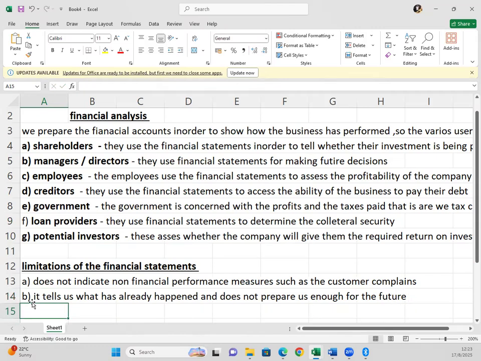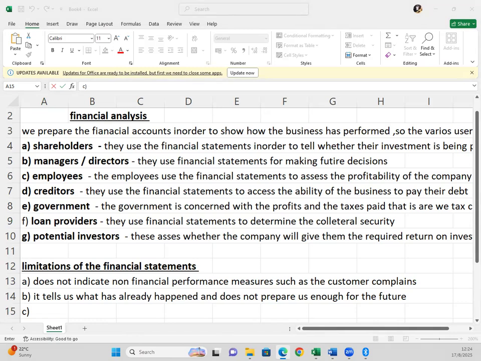If we want to prepare ourselves for the future, we use management accounting. Of course, the managers can make use of what has happened to prepare for the future, and that is called management accounting. Financial accounting is all about telling us how the business has performed, so it tells us the past. We say it gives us historic information, which is information that has already happened. That's the other issue with financial accounting.